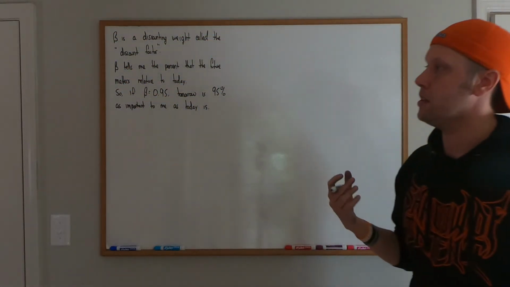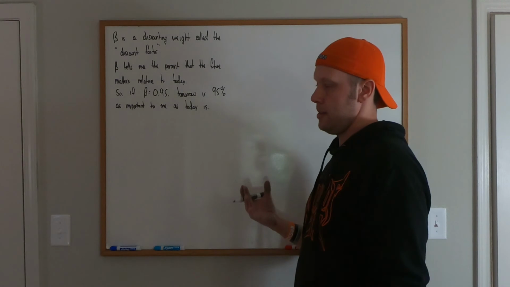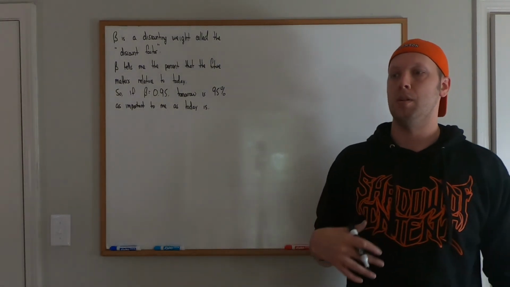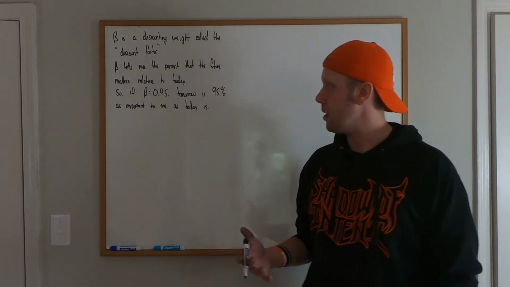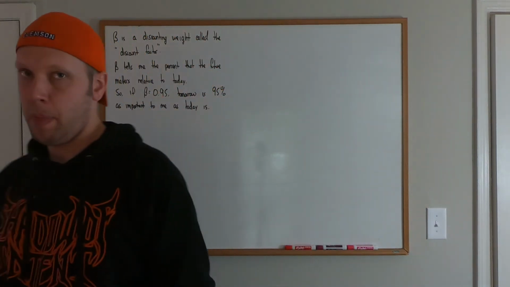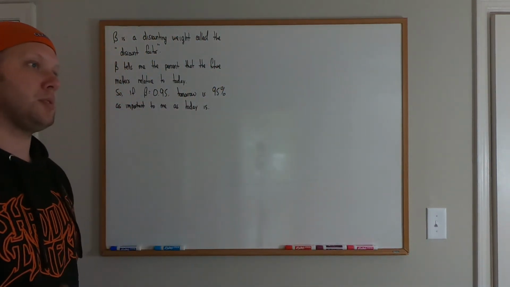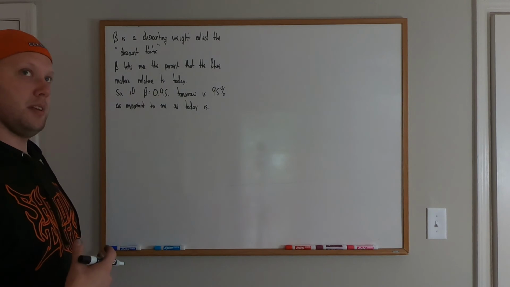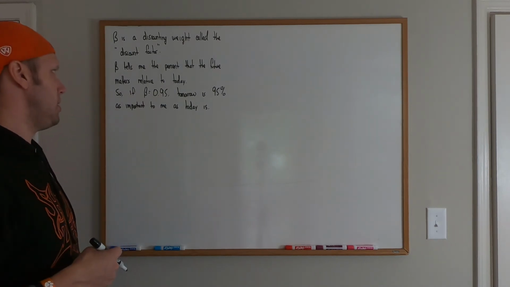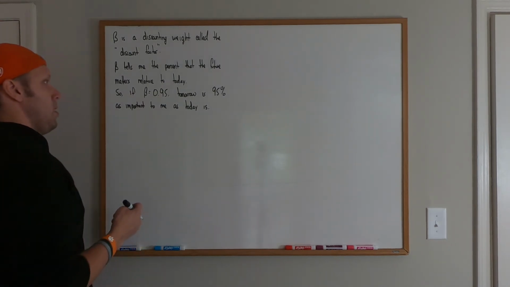So the utility of consumption tomorrow is 95% as important to me as utility of consumption is today. If beta is equal to 0.90, well, tomorrow is 90% as important to me as today is.